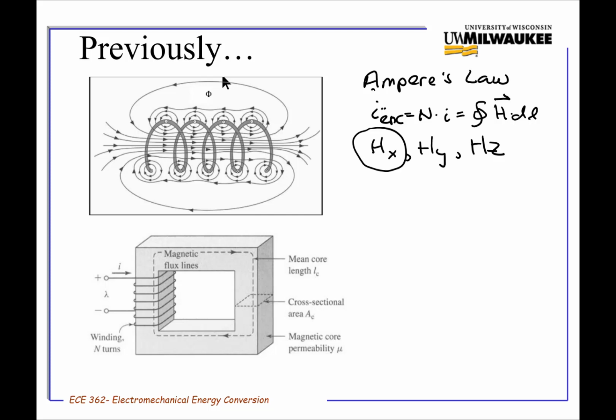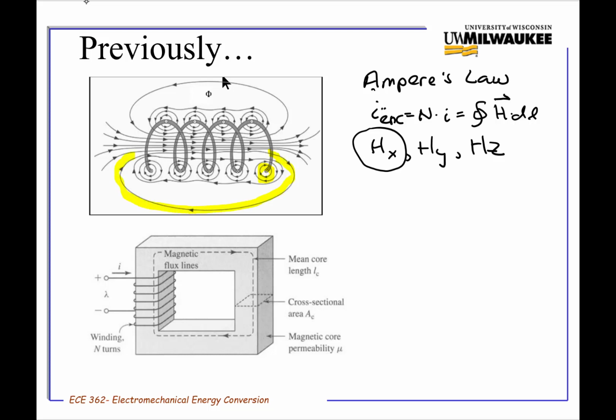I found this picture on the internet, which I really like because it shows you how we introduced Ampere's law being applied around a single wire, just like where I highlighted, and how we also had a coil of wires and how they all combine to give us this H going in this direction.